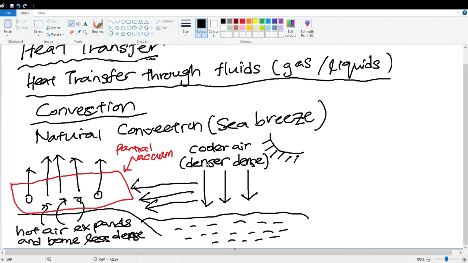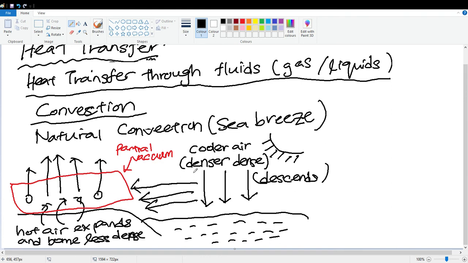I repeat again: the warm air expands and flows up into the sky, and the cooler air, which has a denser density, will descend to the ground. The expanding air causes the land region to be partially vacuum.